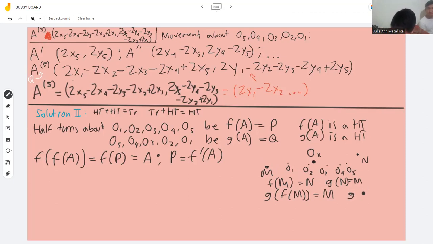So it means G and F are inverses. So similarly for this problem, F and G must be inverses.